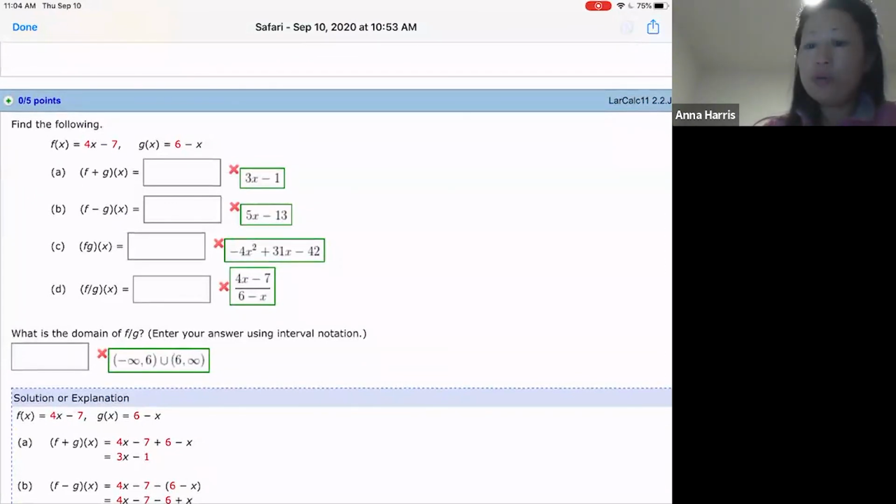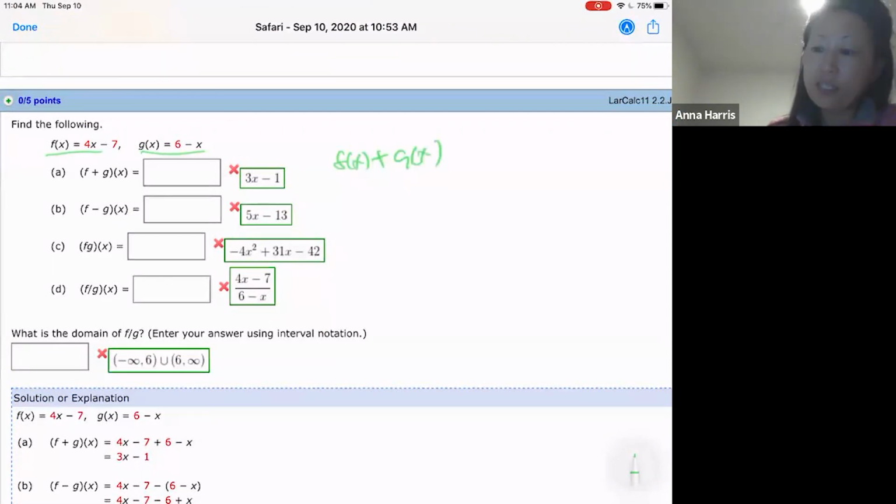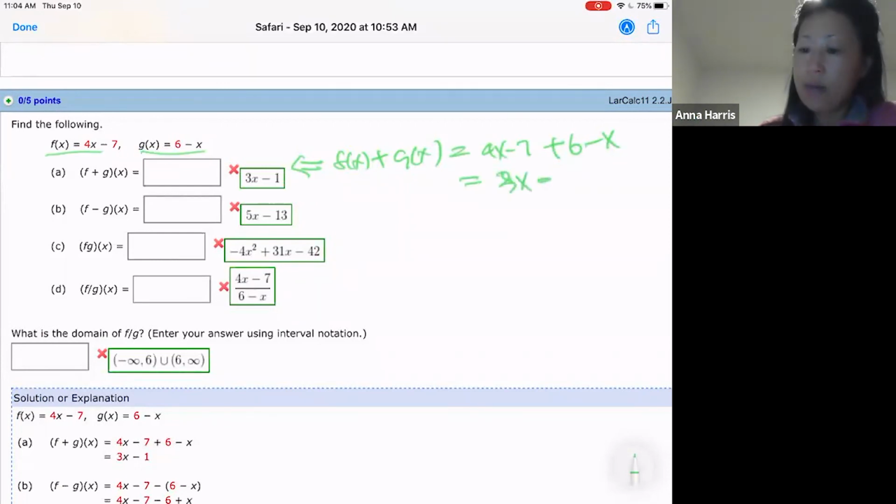Okay, looking at this one right here, you've got two functions. It doesn't matter, okay? You can add them, subtract them, multiply them, and divide them. That's what they're doing here. So this means f of x plus g of x. I'm simply doing 4x minus 7 plus 6 minus x, which gives you what? 3x.